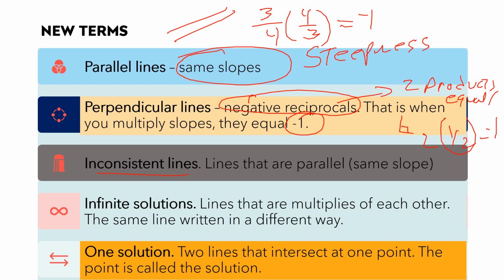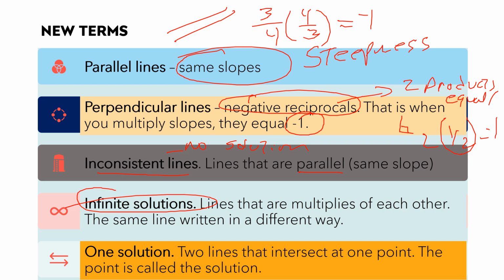Inconsistent lines, these are just another word for parallel lines that have the same slope. Well, we also say these lines have no solution because they never touch. Infinite solutions, well, these are lines that are multiples of each other. So when you graph them, and we've seen this, right? We've had a couple of equations, we've graphed them, and we got the same line.